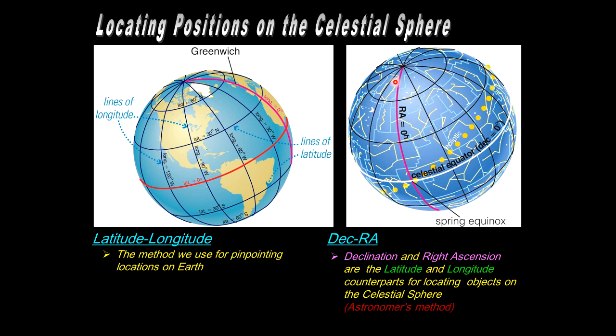Right ascension starts at the equivalent of the prime meridian, this 0 hour angle. It kind of goes with time because the Earth goes around in 24 hours, so let's not worry about that. But there's the reference frame for this 0 hour line, which is equivalent to the prime meridian, where the celestial equator, which you see here, which is an extension of Earth's equator, crosses the ecliptic, which is the path of the sun against the background stars.